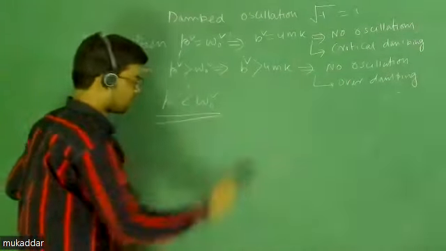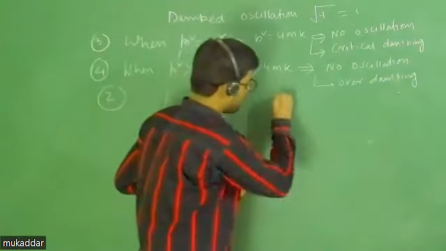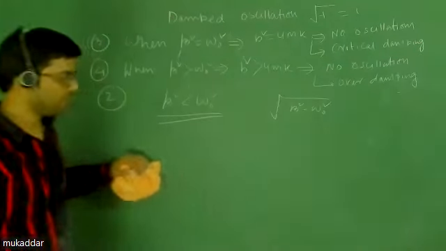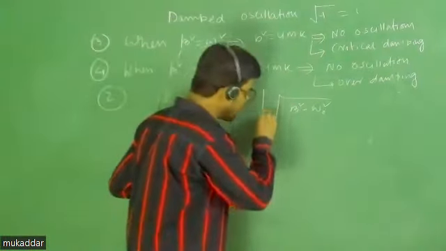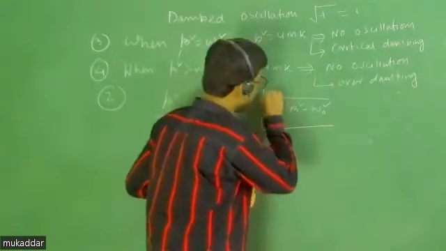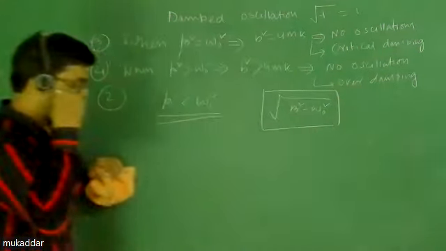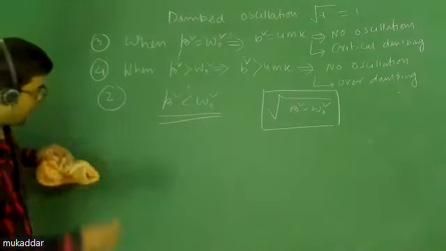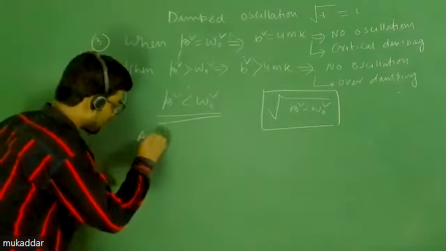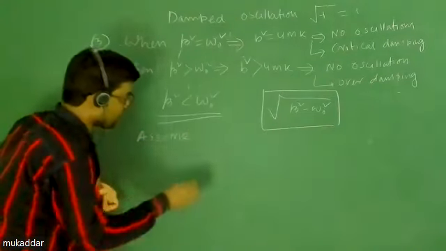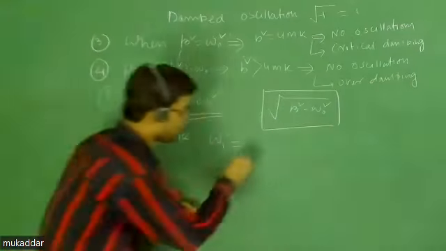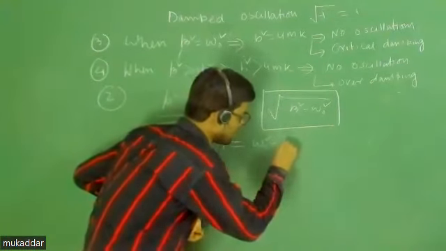As you know, you have the square root of beta square minus omega naught square in the general solution. Now what will I do?